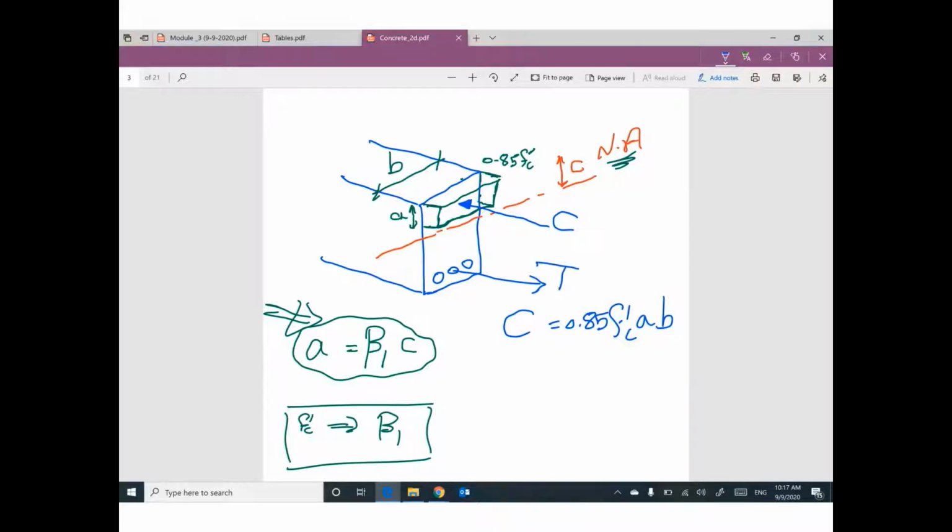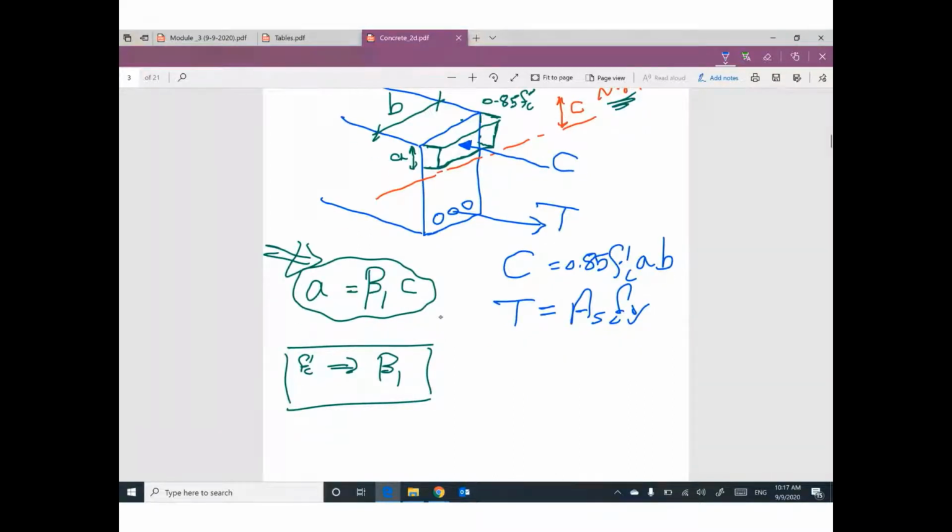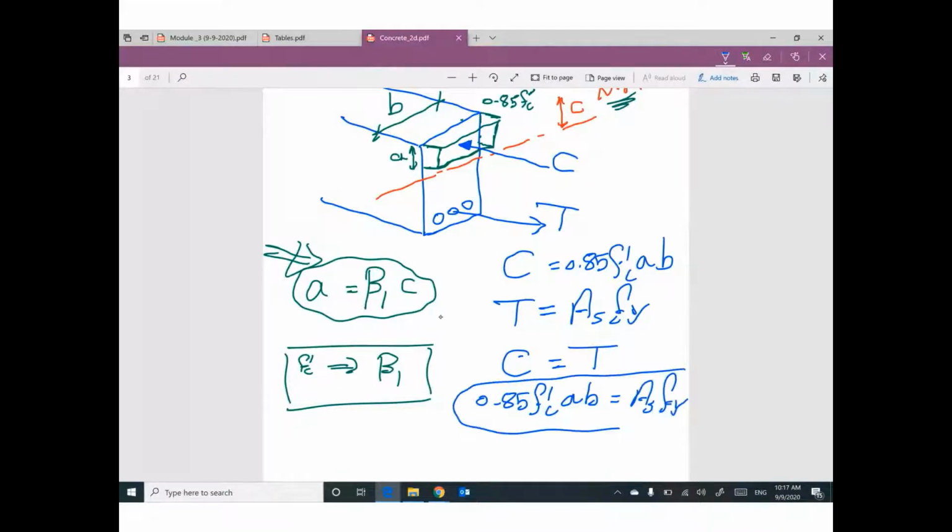This capital T equals area of steel times fy. For equilibrium, capital C equals capital T. So 0.85 f'c a b equals As fy. Everything is given except a, so I can figure out the value of a. The distance between this force and this force equals d minus a divided by 2.